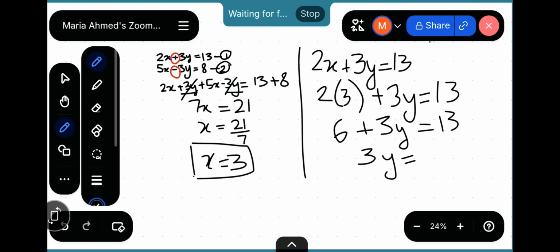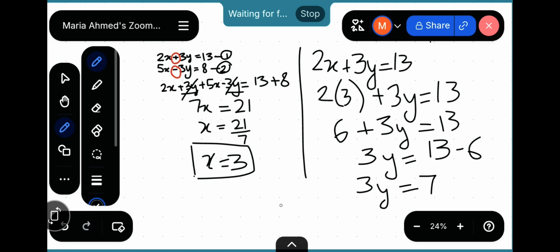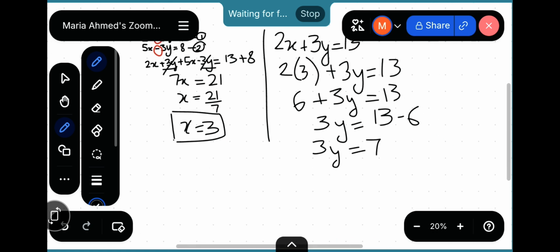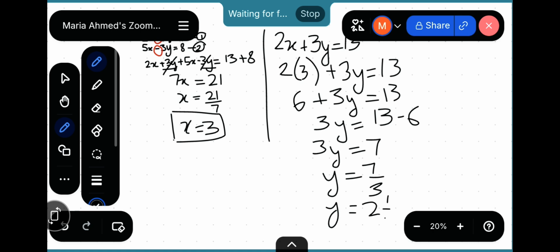3y equals 13 minus 6, 3y equals 7. y is equal to 7 upon 3. y is equal to 2 whole 1 upon 3.